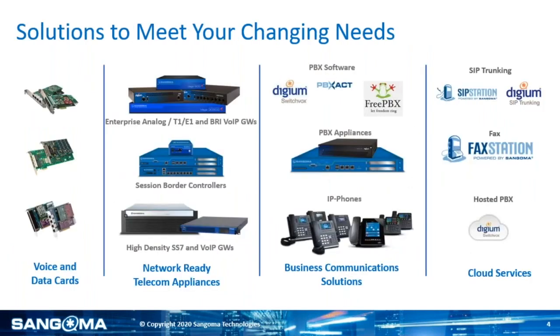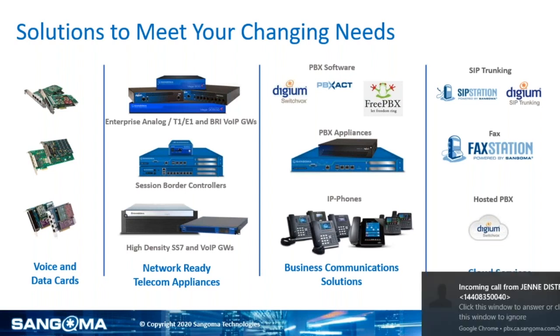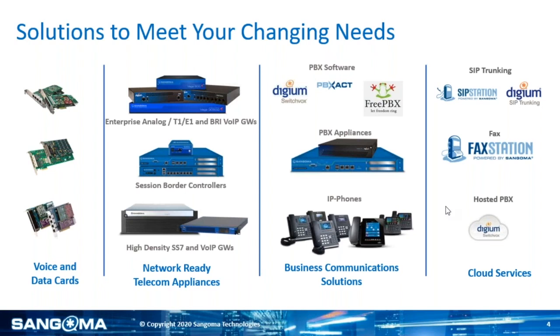That portfolio can be everything from SIP trunks all the way to the PBX that we're going to be talking about today, SBCs in between the two that would protect your environment, to endpoints, to cloud services. So we can be A to Z, or we can just be a piece of that puzzle. And today the puzzle we're going to focus on is the PBX, specifically FreePBX and PBXact.